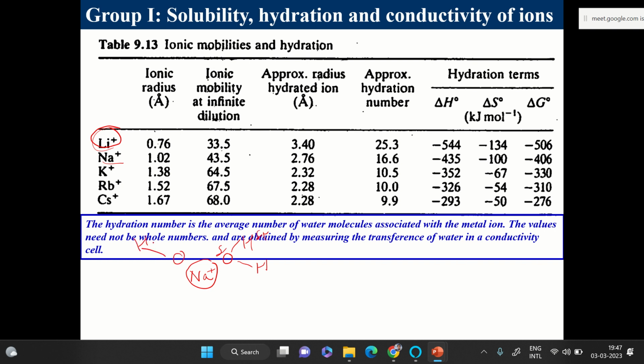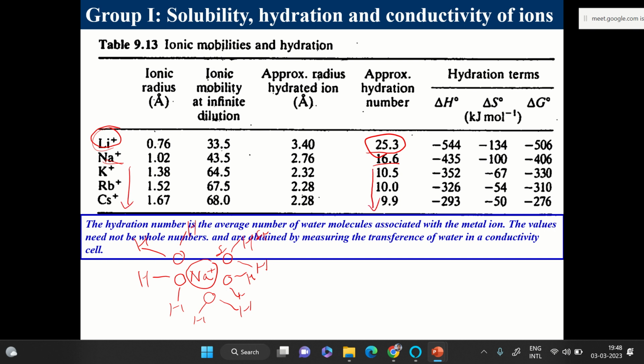Okay, large number of, so ड्राइंग जब हम बनाते हैं तब तो जितना दिखा पाएंगे उतना ही बना पाएंगे ना, लेकिन एक्चुअल में जो ये नंबर होता है ये काफ़ी ज़्यादा होता है संख्या. ठीक है, so this number is actually for lithium plus 25.3, Na plus 16, and gradually as the size of cation increases, this hydration number decreases.